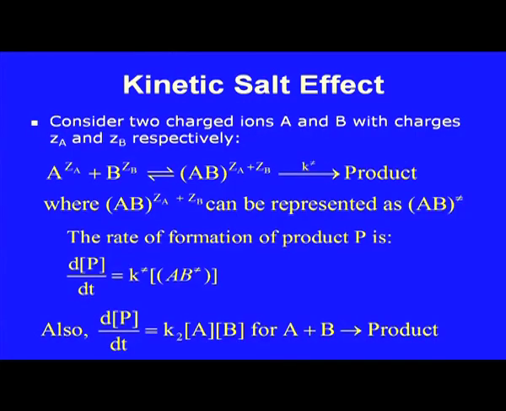Of course the question naturally comes, if you have a reaction between two reactants which are uncharged, then possibly you will not see any effect of salt. Why you won't see it, I will be coming to that point in a later part of the discussion.